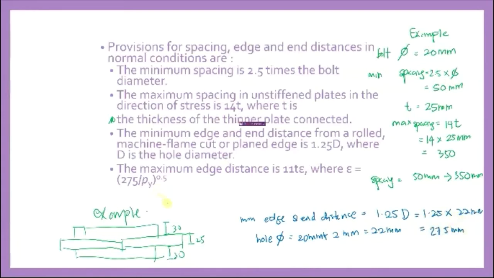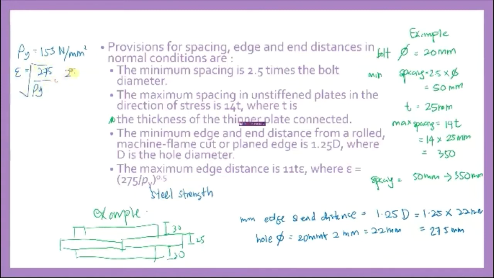The other one is the maximum edge distance, 11T times a constant, where the constant is the square root of 275/PY. Now we are doing this for the plate, so PY is the steel strength. It must be the steel strength for the plate, not the steel strength for the bolt. For example, PY is 155. Take the constant equal to the formula of 275 divided by PY, under a square root.